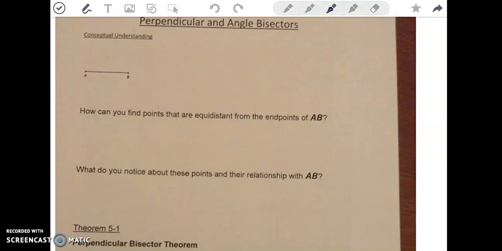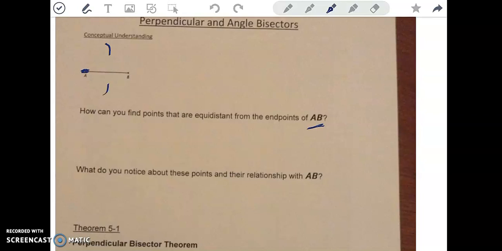So on the first thing it says, how can you find points that are equidistant from endpoints A, B? Okay, this is where we use our compass. I know you guys love using those things. So basically you'd have a compass and you would start at point A and then you would draw a line above and below the line.